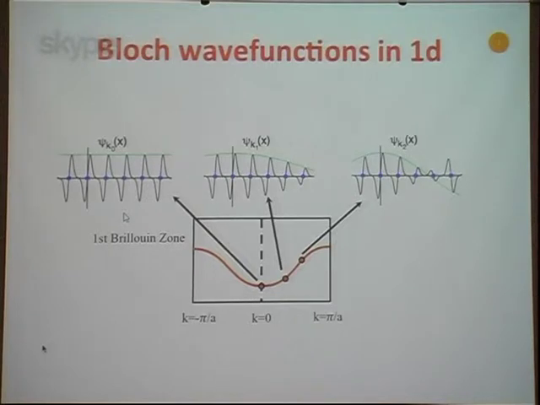So when k is equal to 0, the plane wave is a constant. And as k becomes larger, you start to have a modulation that becomes progressively of shorter wavelength until you reach the zone boundary.